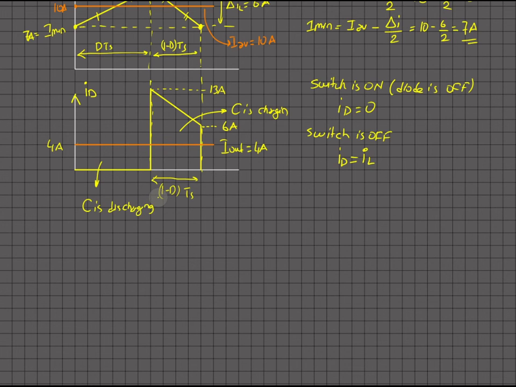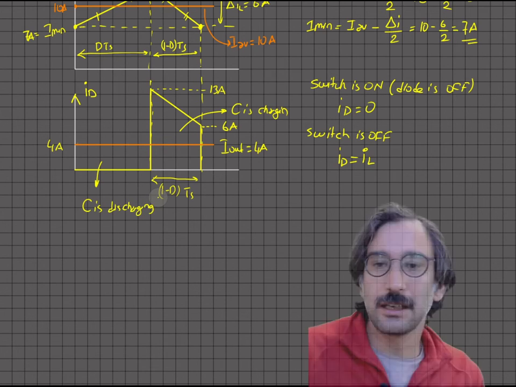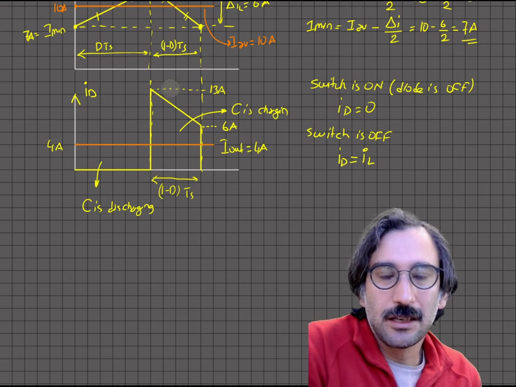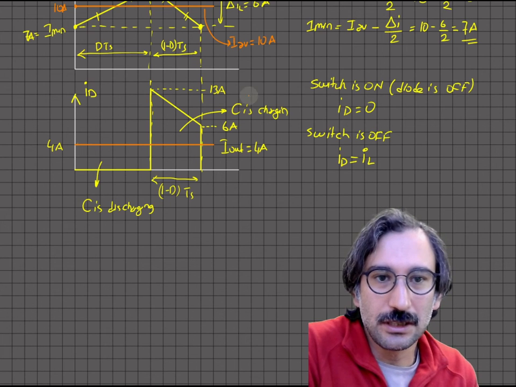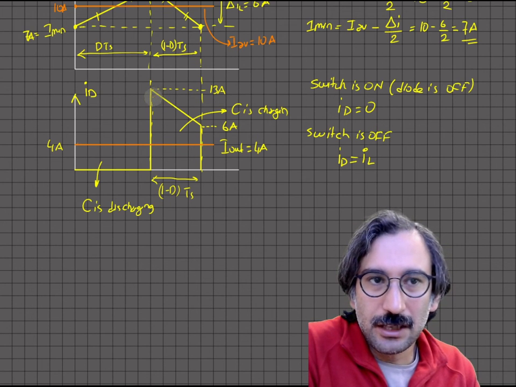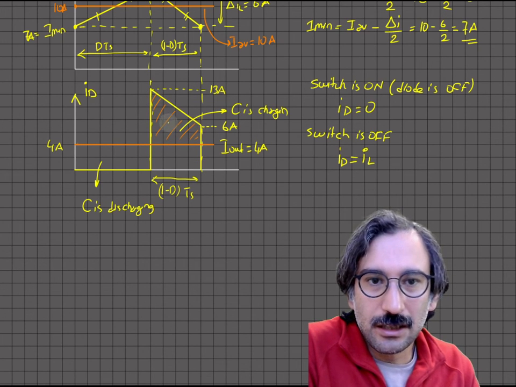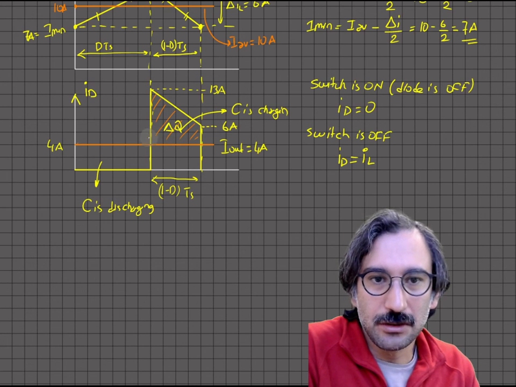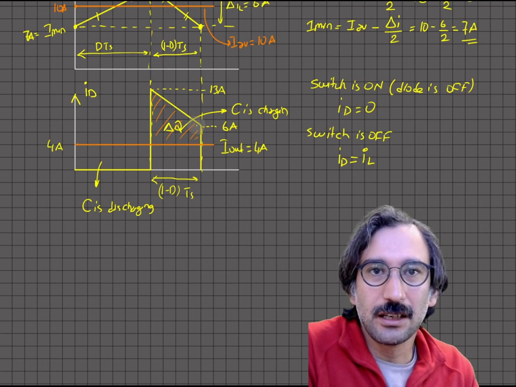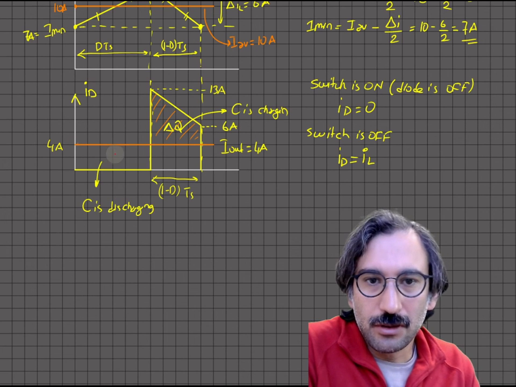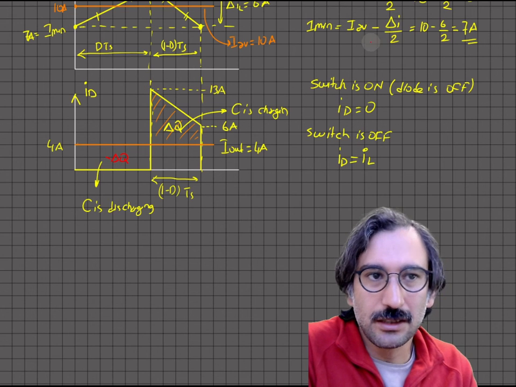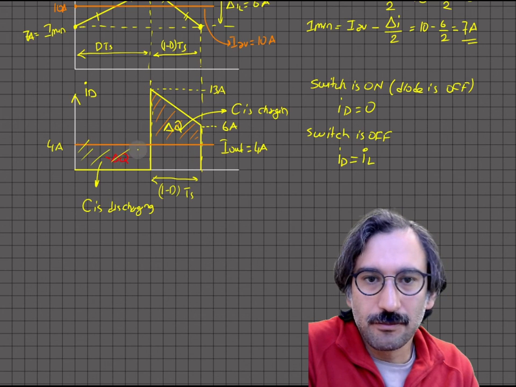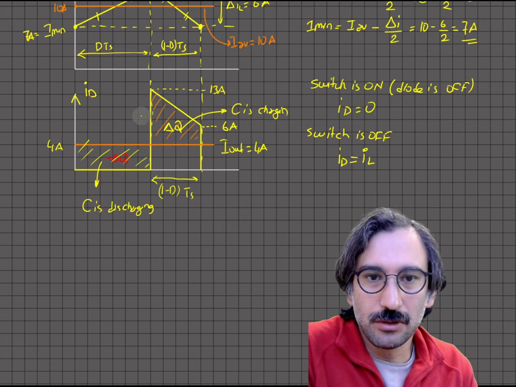Okay, and again, if we would like to have constant capacitor voltage, and if it is operating under steady state conditions, again we have the same trick here. You can have that area, and let's call that delta Q, because if you integrate the current, you will find the charge, and this is, let's say, minus delta Q, right?